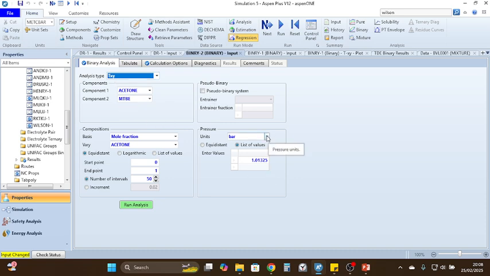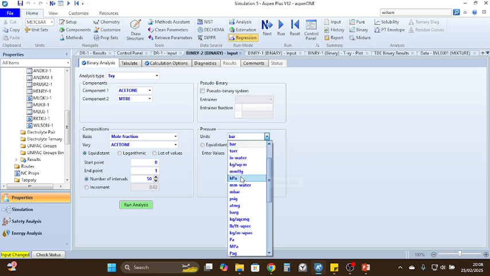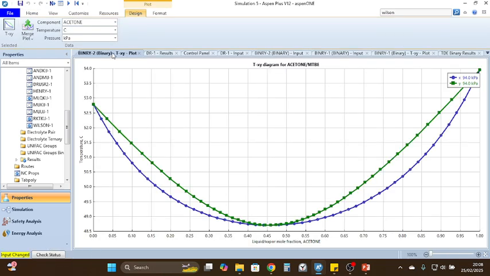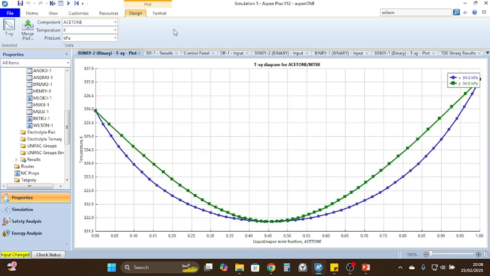The pressure that we are going to set is 94 kilopascal, and now we are going to run the analysis. We are going to keep the temperature as Kelvin. This is binary 2.